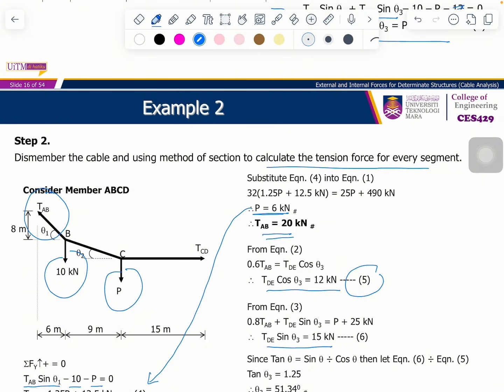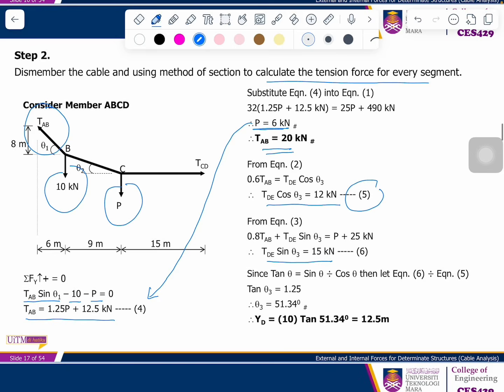So you get this equation, TDE sine theta 3 equals 15 kilonewton. We know that tangent theta equals sine theta over cos theta. So you can divide equation 6 by equation 5.